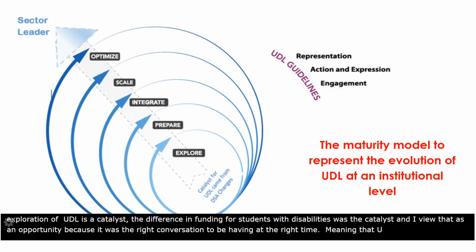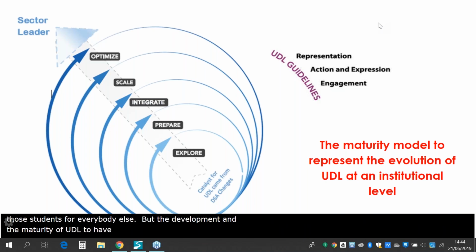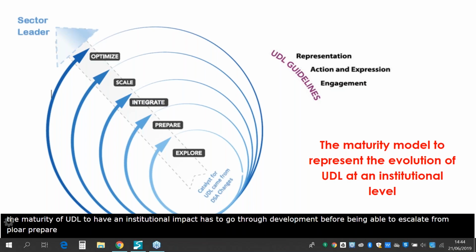But the development and the maturity of UDL to have an institutional impact has to go through reiterations of development before being able to escalate from explore, prepare, integrate, which is where De Montfort University is in 2019, to be able to then scale and optimise to become sector leading.